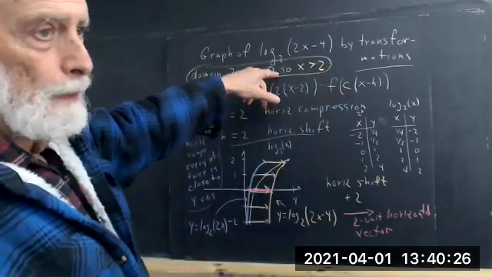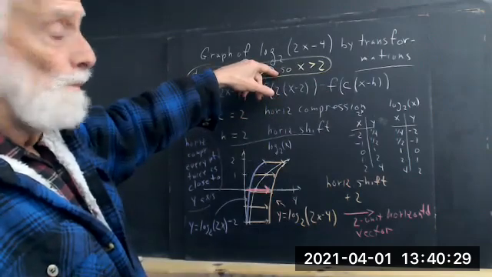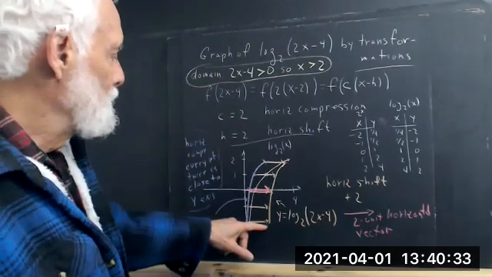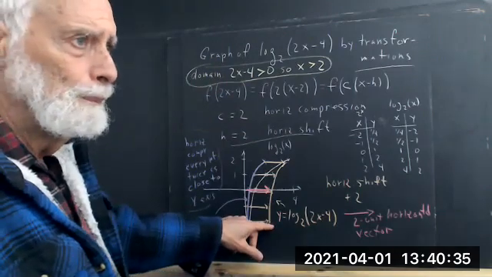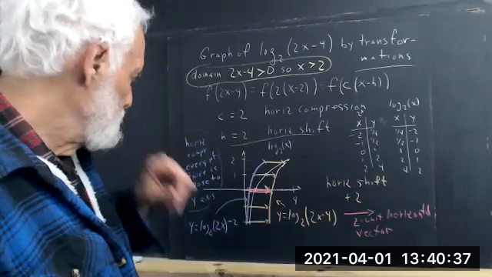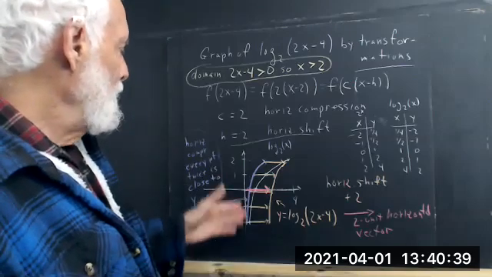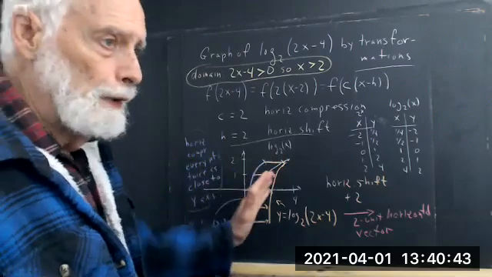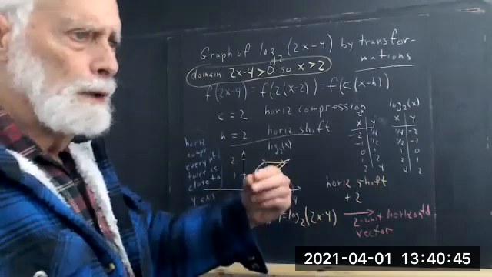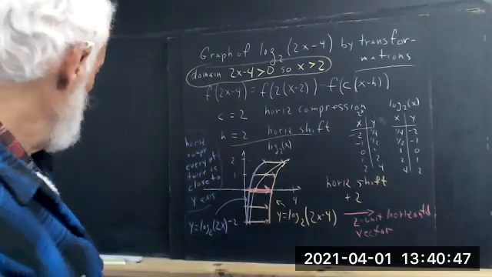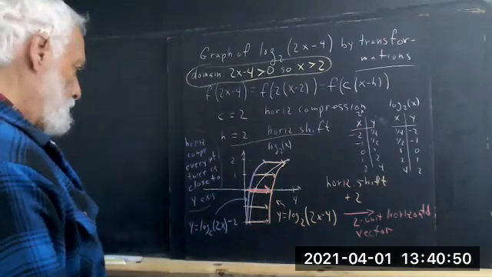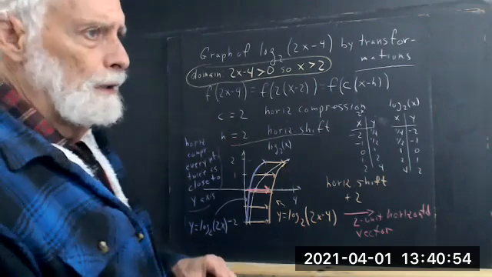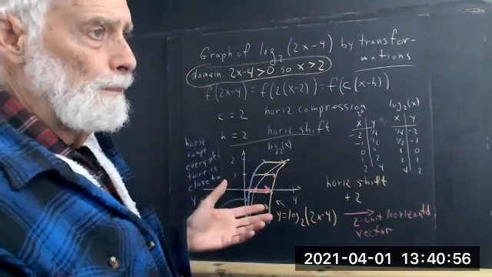Now, I could have done that originally, but I wanted to work this through. And we see that since this vector has length 2, and any point on the graph of the log function is going to be to the right of the y-axis, no matter how close it is, it's still a little bit to the right. That means the line x equals 2 is your vertical asymptote.